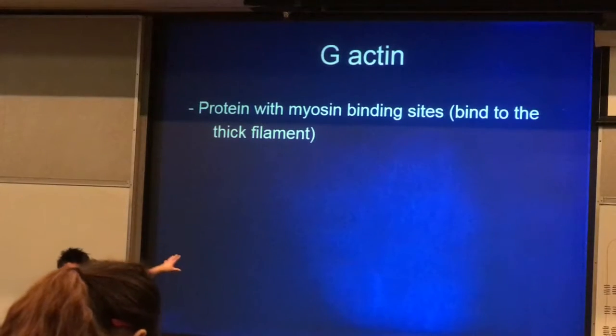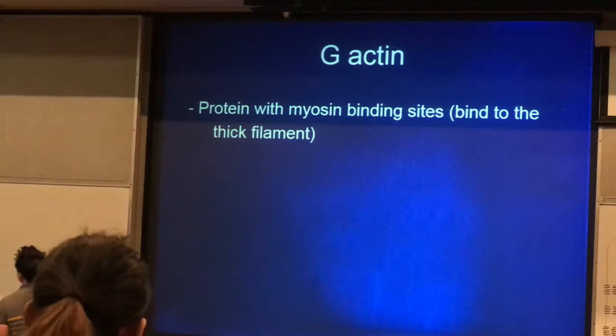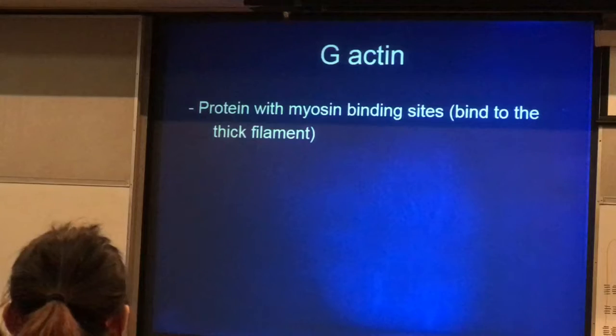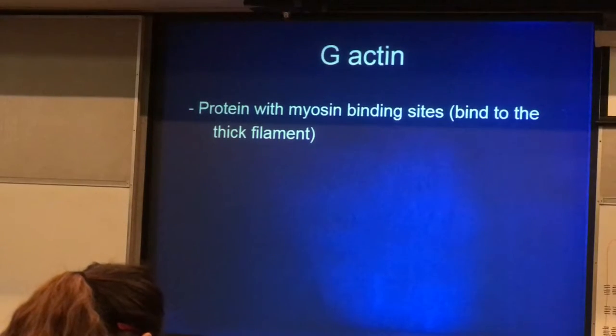You're going to have these proteins, and it's going to have this myosin binding site onto it. So like I said, G-actin is just a glob, but I'm going to draw it in a long chain. I'm going to try to make it look like two pearl necklaces interweaving.